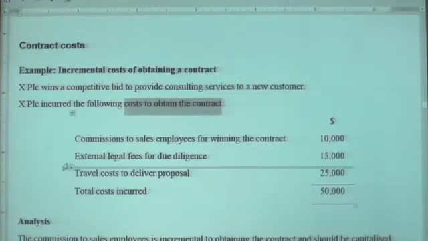Commission 10,000, external legal fees for due diligence, travel cost to deliver the proposal, as I told you, traveling expenses, proposal expenses, expenses paid to experts, everything. Totally 50,000 you incurred to obtain the contract, not to fulfill the performance obligation.